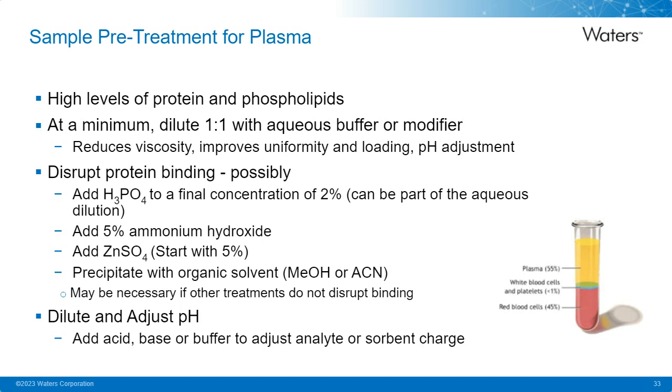Probably the most efficient and what most people go to is precipitation with organic solvent, methanol or acetonitrile. And this may be necessary if other treatments, such as the more mild ones like zinc sulfate or phosphoric acid, don't disrupt the binding. And of course, we're going to dilute and adjust the pH as with blood to make it appropriate for loading onto our sorbent.